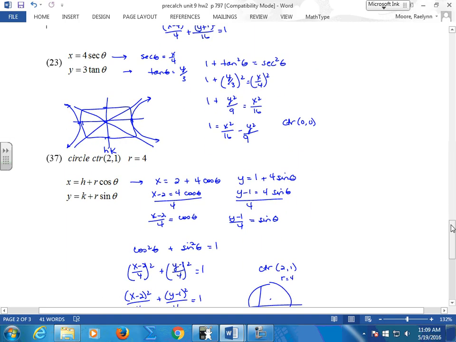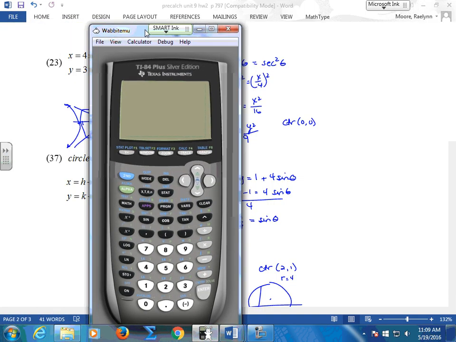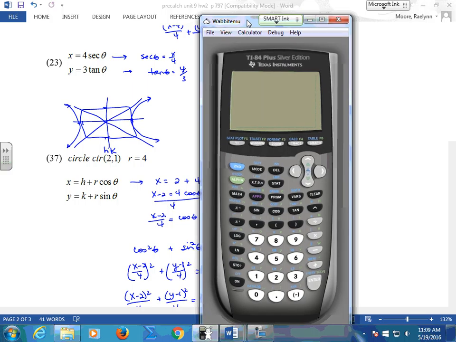This guy, this is the only way. We did this in class yesterday. This one makes a hyperbola. If you put this in your calculator, this will make you a hyperbola. And this was in my calculator when we first came in here. So if you put this in as your parametrics, let's put this in.